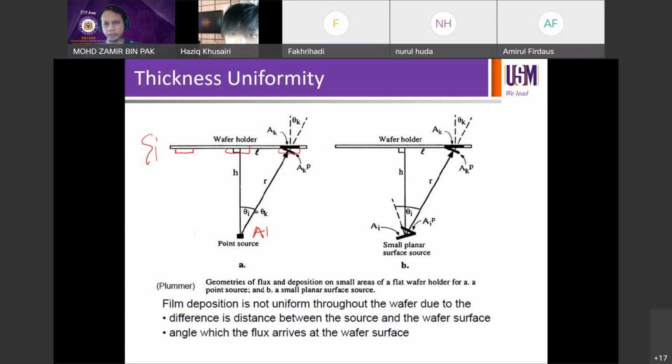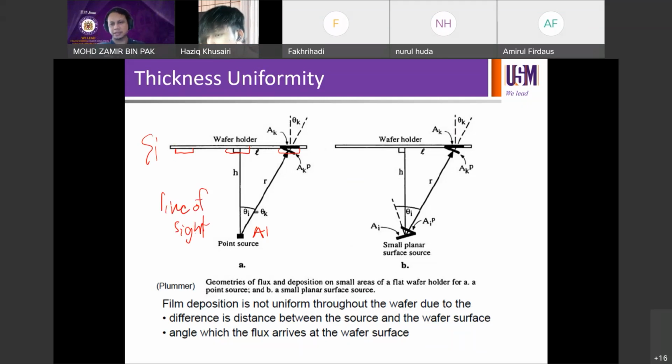If the wafer holder is too big, too wide, then because this evaporation process is line of sight in nature, meaning it goes in one direction only, it's not open like a cone, it just goes straight.